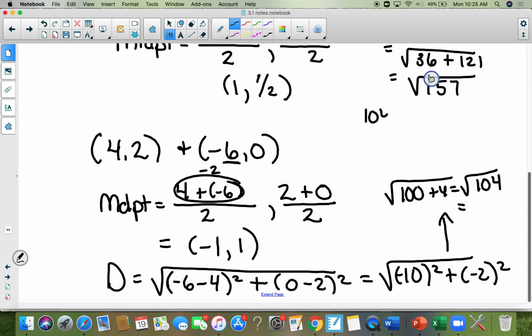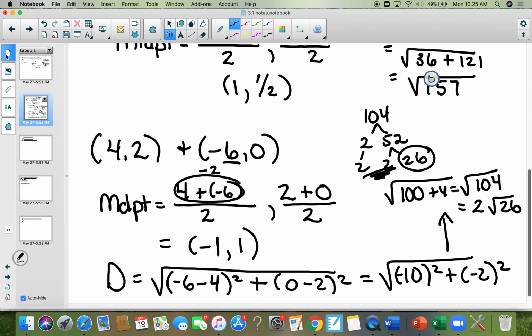I'm going to make myself a tree, 2 and 52, 2 and 2 and 26. 26 is made up of 2 and 13, but that's not going to be enough, so we have enough to at least take a 2 out, root 26. So the distance is 2 root 26.